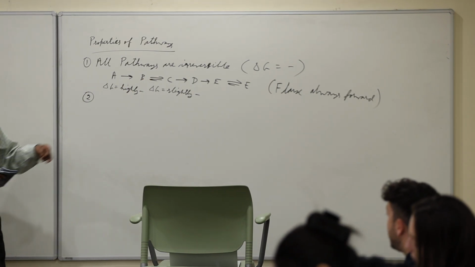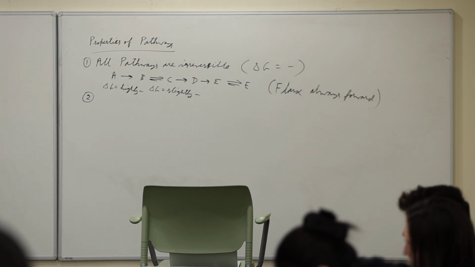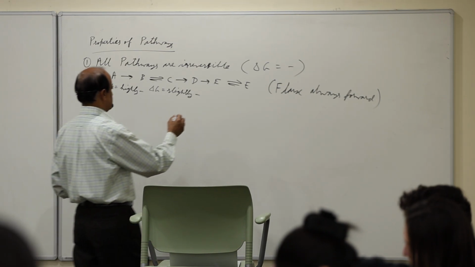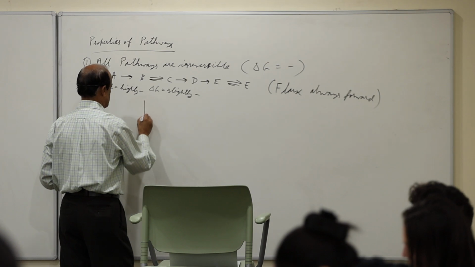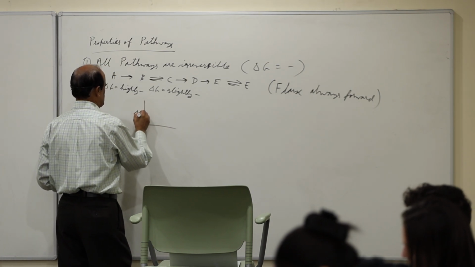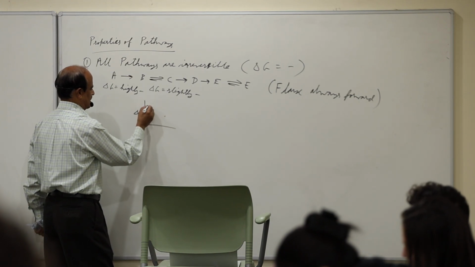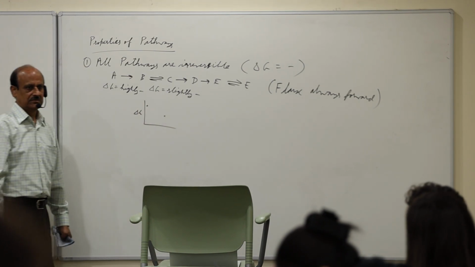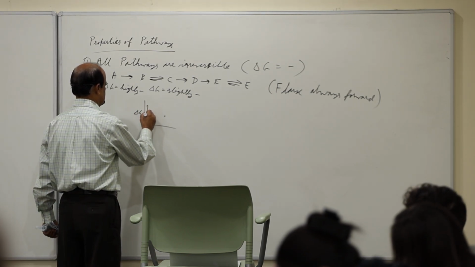Now, as I said, you cannot have a reaction in a pathway going in the opposite direction, and that is easy to understand. If you have a reaction that has a negative delta G, so if this is the reactant, then the product must have a lower energy. So this is the amount of energy that is released.